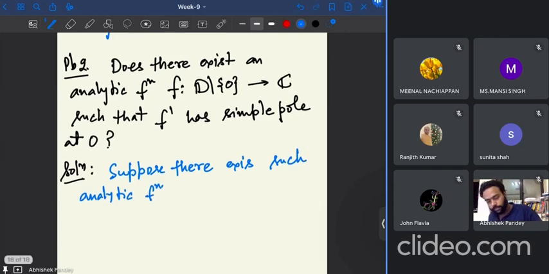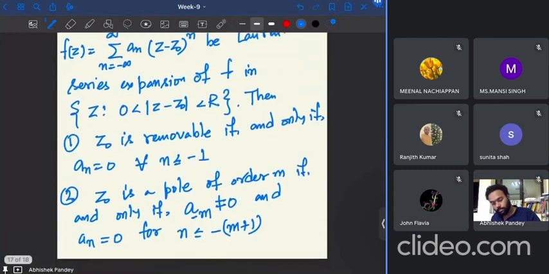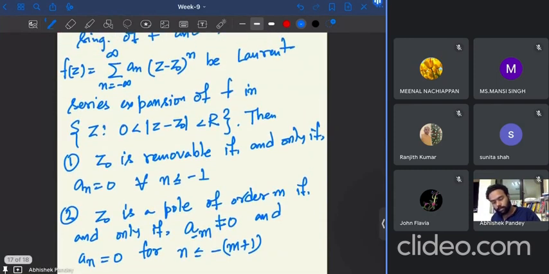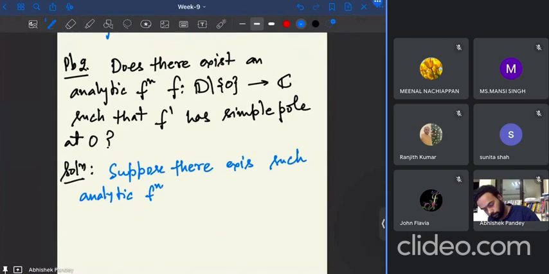So f dash has a simple pole at 0. If you see the Laurent expansion, z naught is a pole of order m. So f dash has a pole of order 1 at 0.